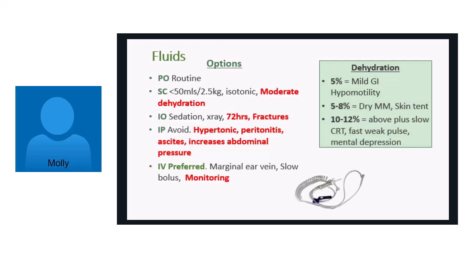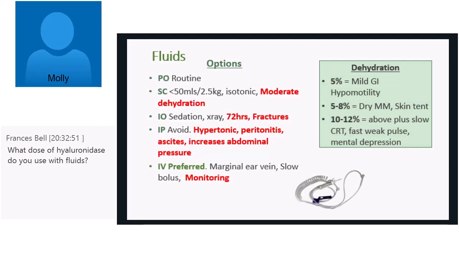I also, in very small animals or very collapsed animals, will absolutely use intraosseous catheterization as quite an early form of getting fluids in. You can put anything into the medullary cavity of a bone that you can put into a vein. Initial placement will hurt, so you'll need to use some local anesthetic.